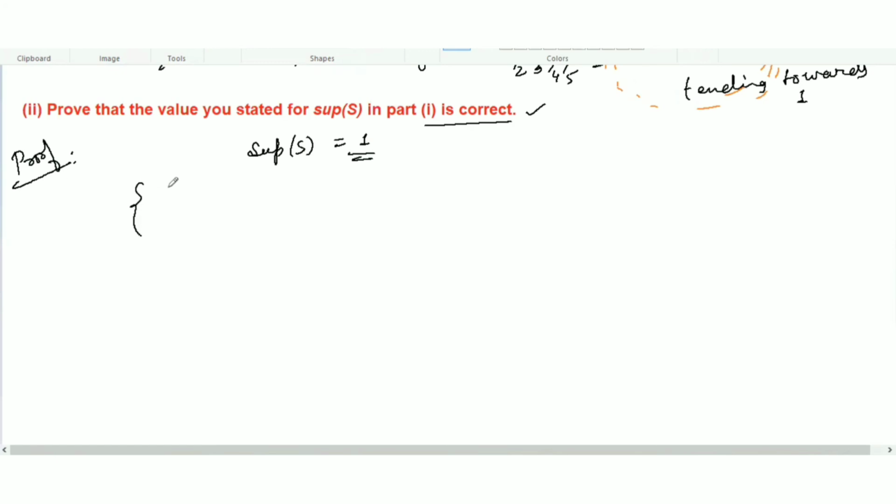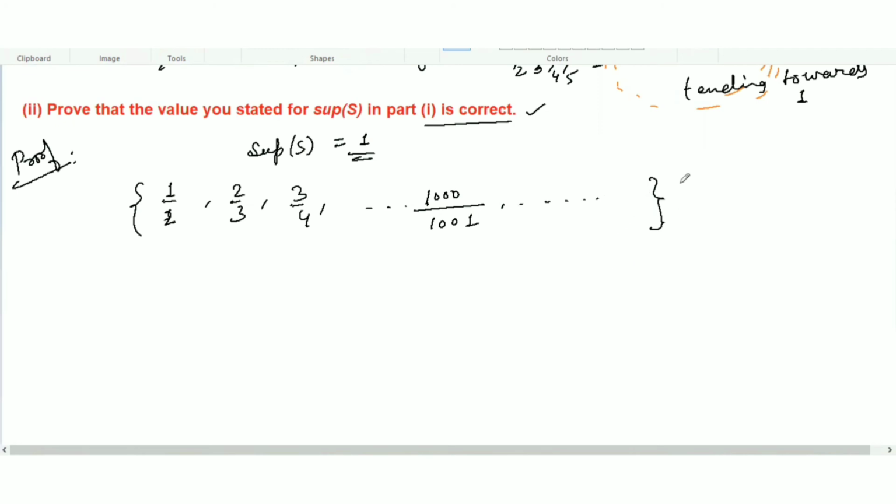Let's write down all the elements here. The first element was 1 over 2, then 2 over 3, 3 over 4, and this way. In between we have taken 1000 over 1001, and this goes on.